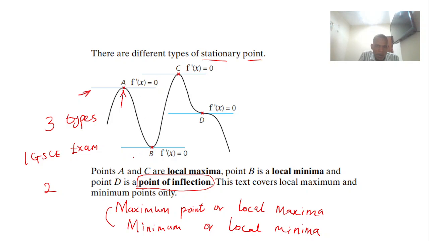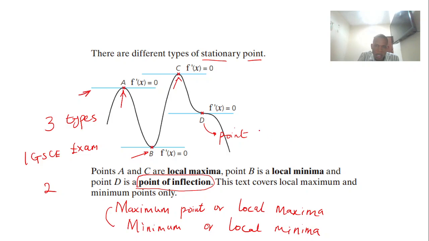This point B over here is a minimum point, because the gradient is increasing. This point C is a maximum point as well. Now this point D is called the point of inflection.